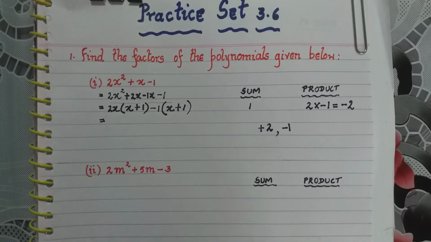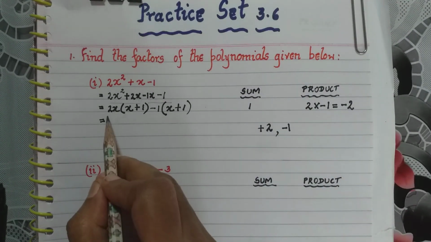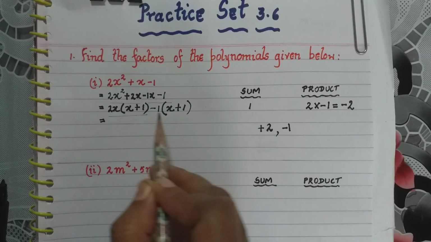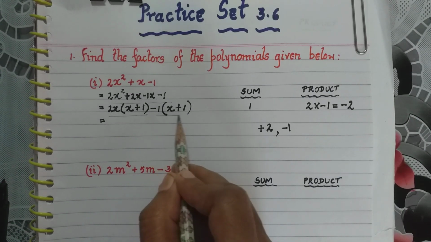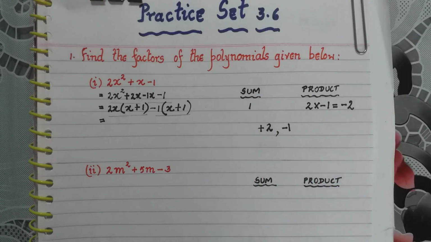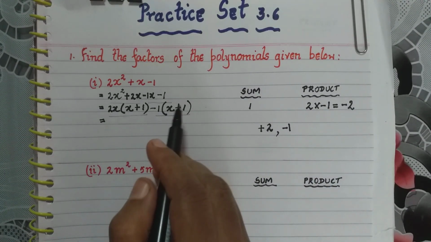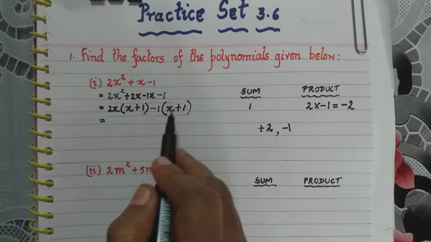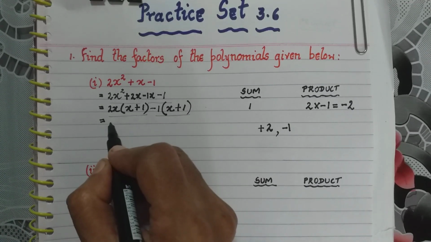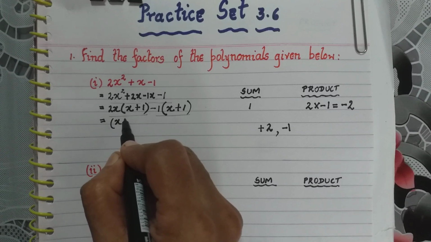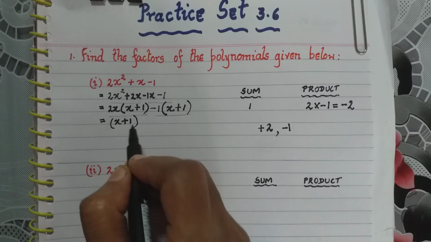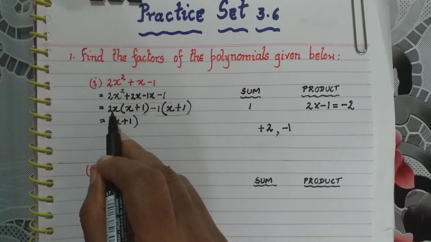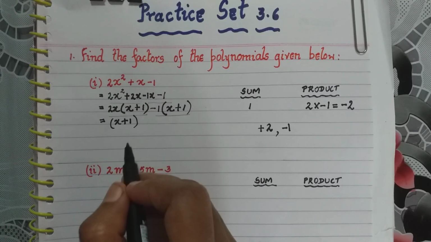Now what do I do? Again I notice that I have two terms here, 2x into x plus 1 and minus 1 into x plus 1. In these two terms I see that x plus 1 is common in both of them. So I take that x plus 1 common out. Then what happens? What is left outside the bracket? 2x and minus 1.